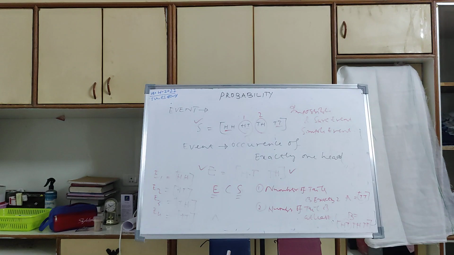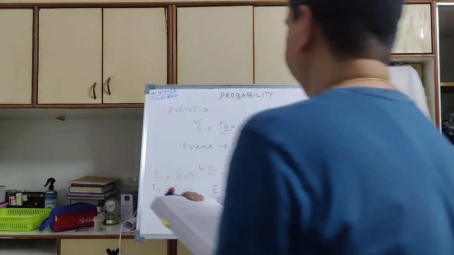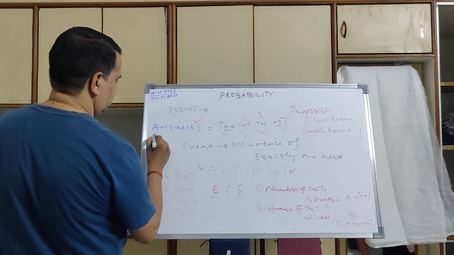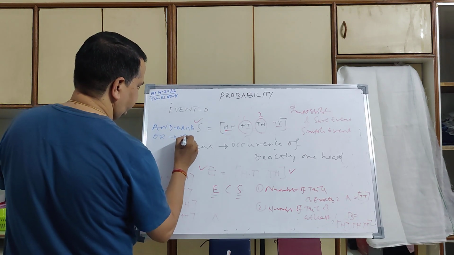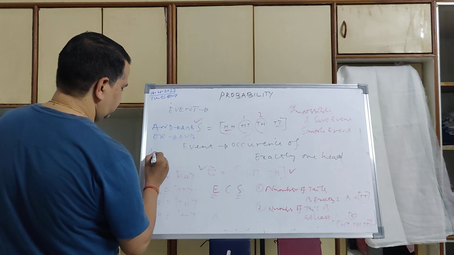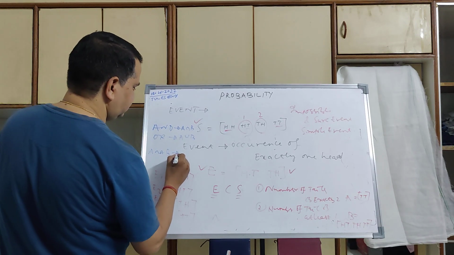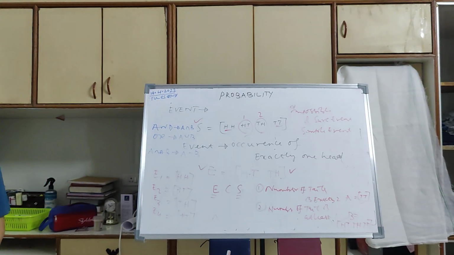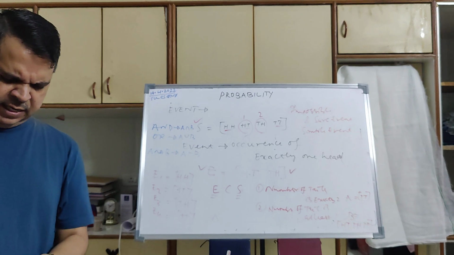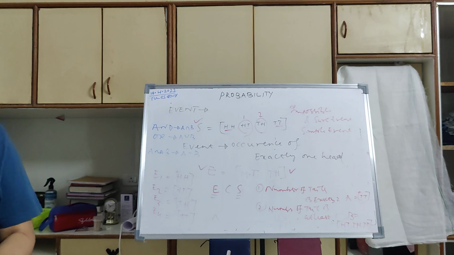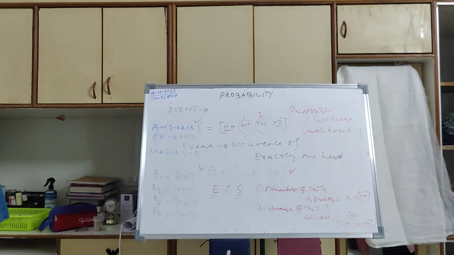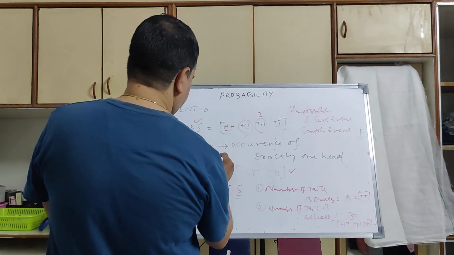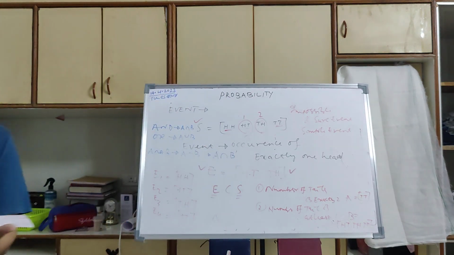A but not B means A minus B, which is the difference. So A union B, A intersection B, A but not B. A minus B is otherwise called A intersection B dash. That you can find out. That is the task for you.